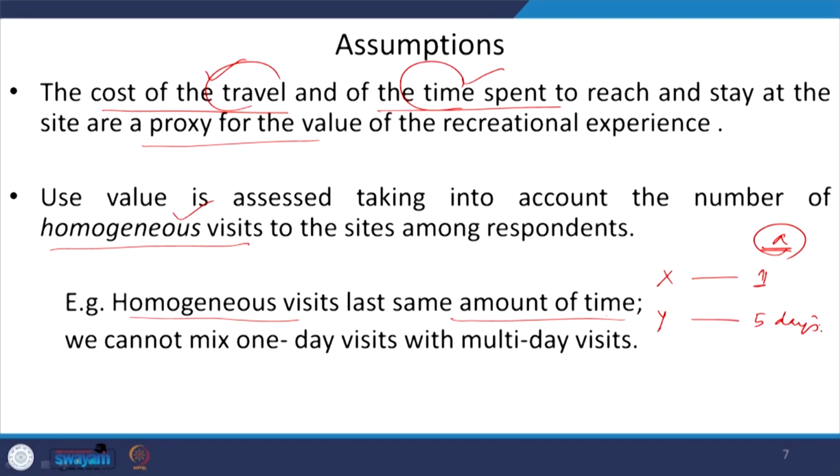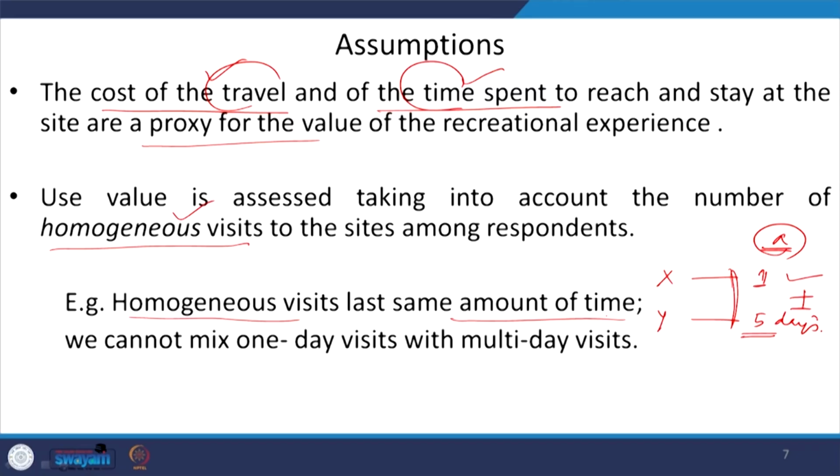In order to measure the value of that particular site, we cannot take into account their decisions or how these two visitors are valuing the site. One is only staying over there to enjoy for one day, and another person is staying for 5 days. In that case it cannot be homogeneous visits; rather, it is heterogeneous visits.